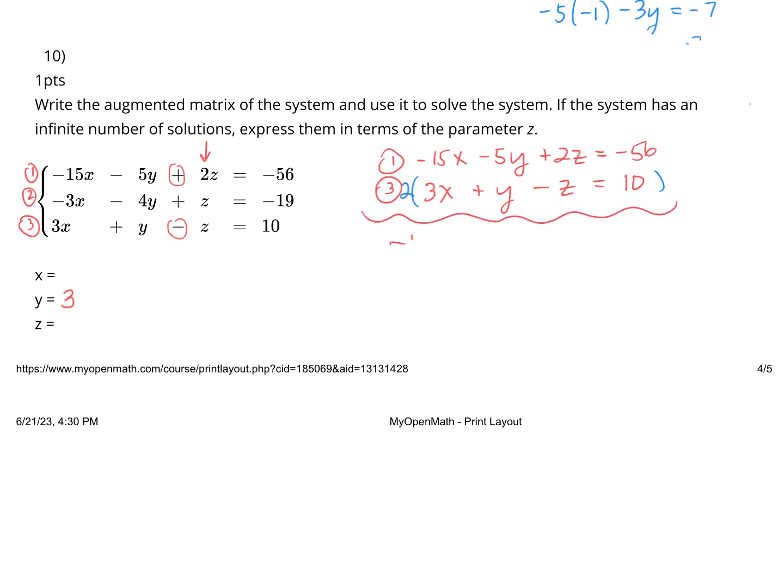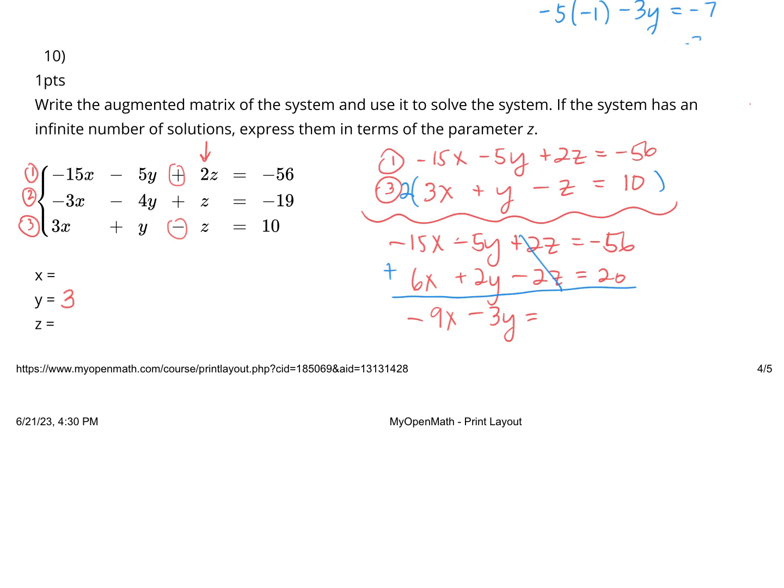So the top equation stays the same. The bottom equation becomes 6x plus 2y minus 2z is equal to 20. When I add these together, the z's cancel out. So I'm going to have negative 9x minus 3y is equal to negative 36.